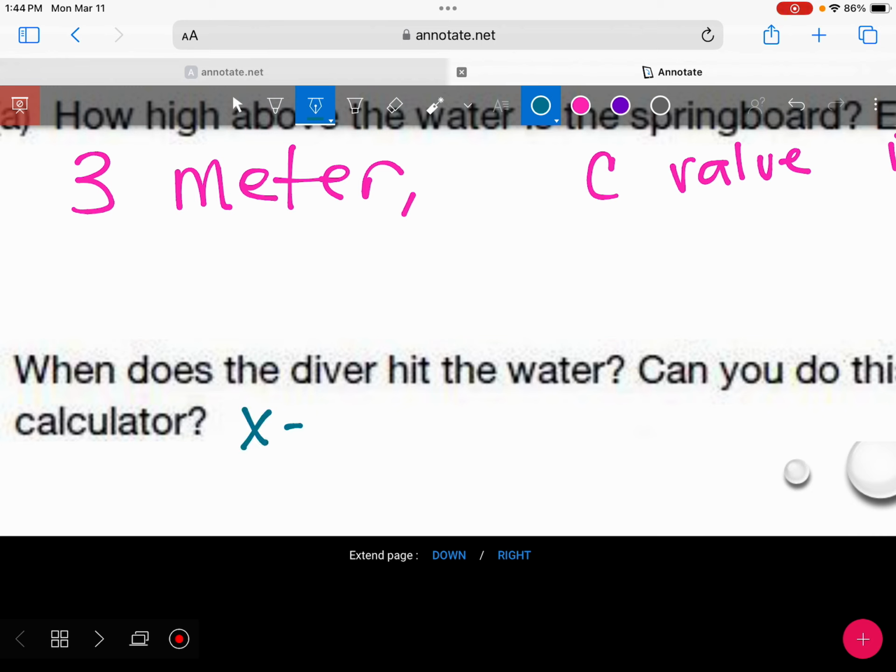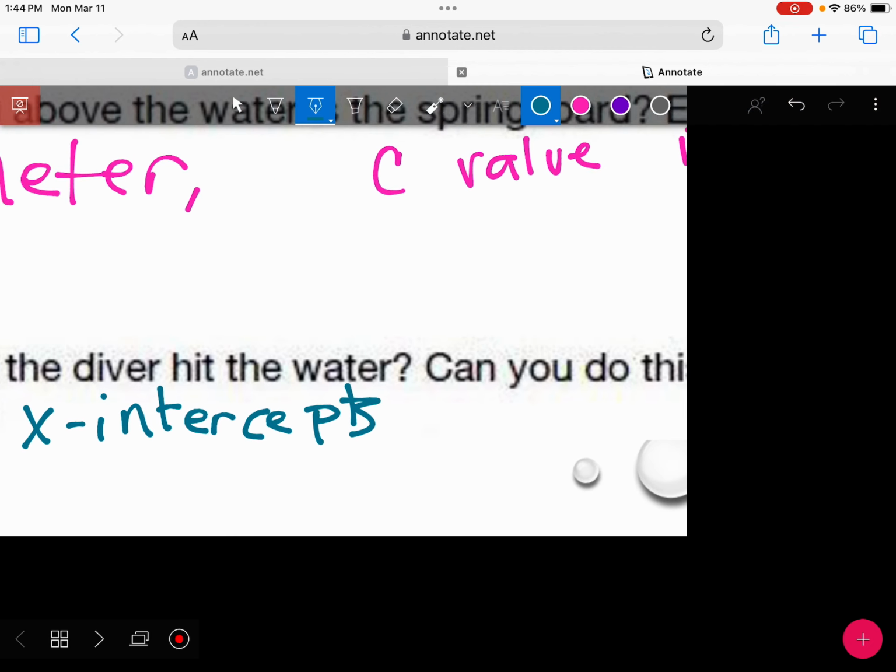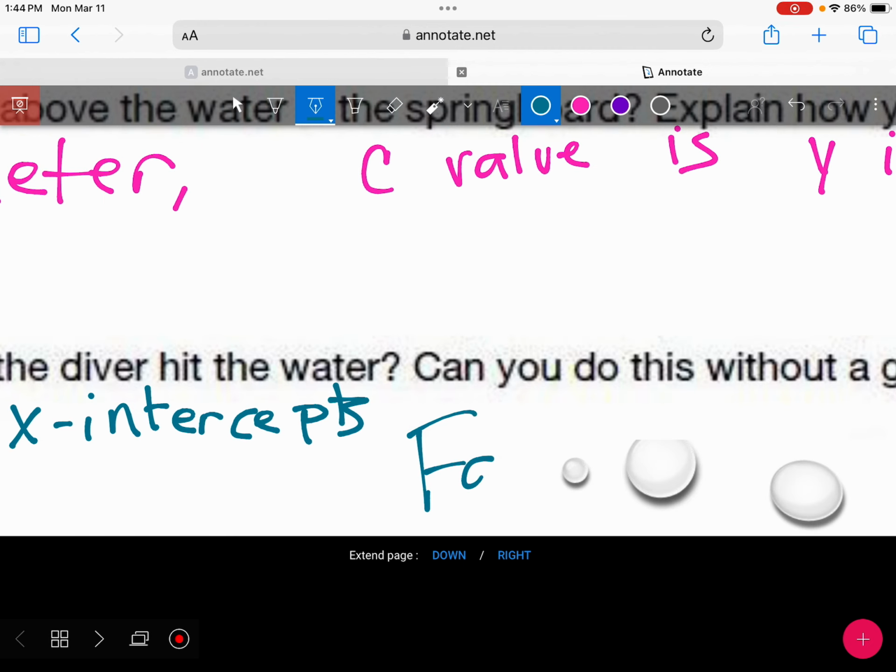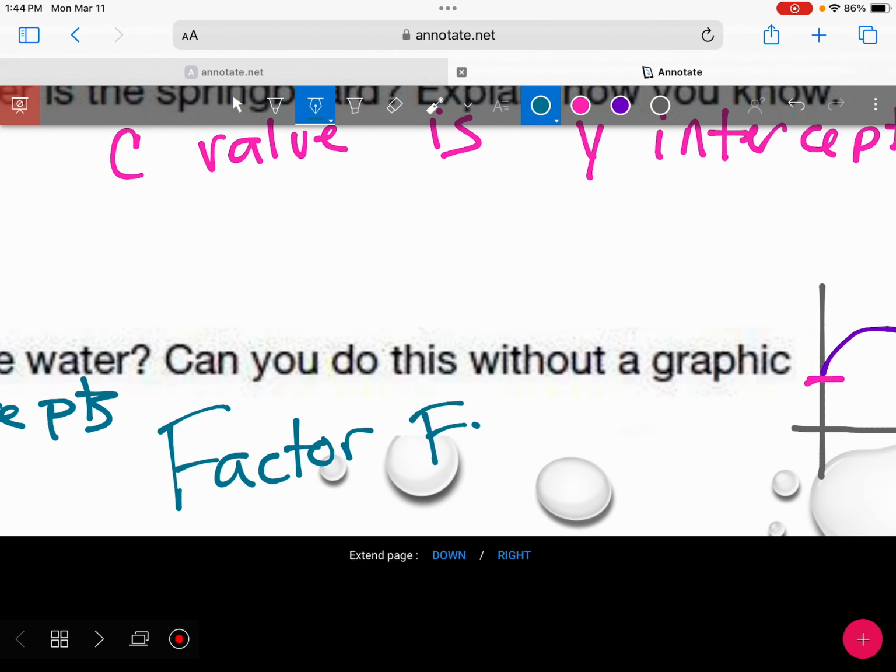Graphing it. Factor it. We need factor form to find roots. This one doesn't factor because they're jerks, but we would switch it to factor form.